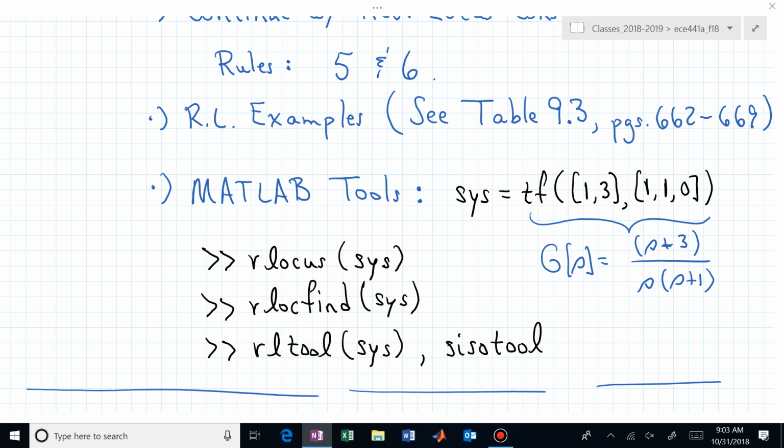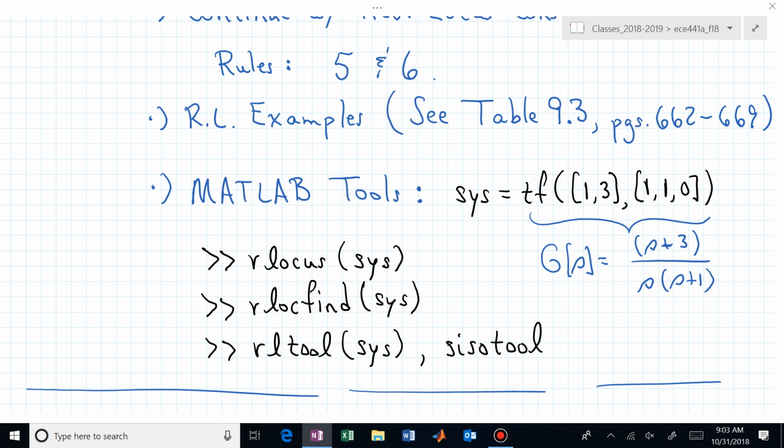You can look at table 9.3 in the textbook. It has a collection of transfer functions with their corresponding root loci diagrams. You can also really cheat and find the actual root locus for your problem by logging in and accessing MATLAB. You can create your transfer function with the TF function in MATLAB, and now these polynomials are represented as vectors.